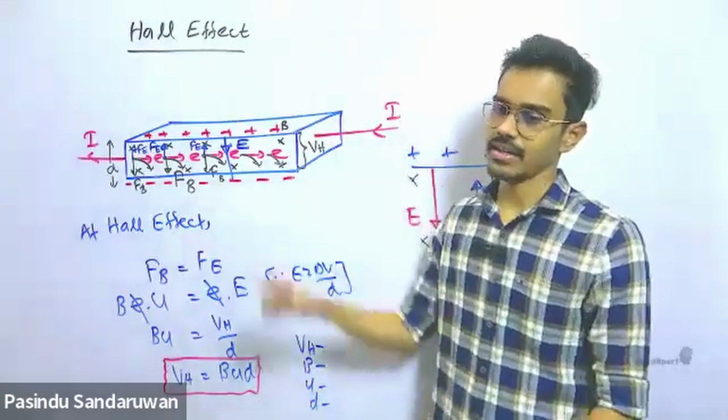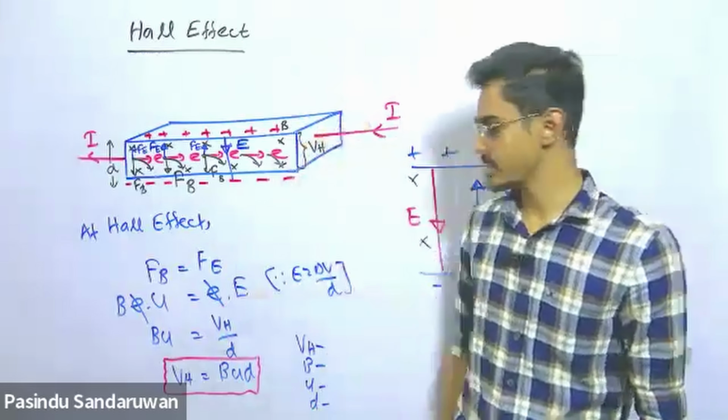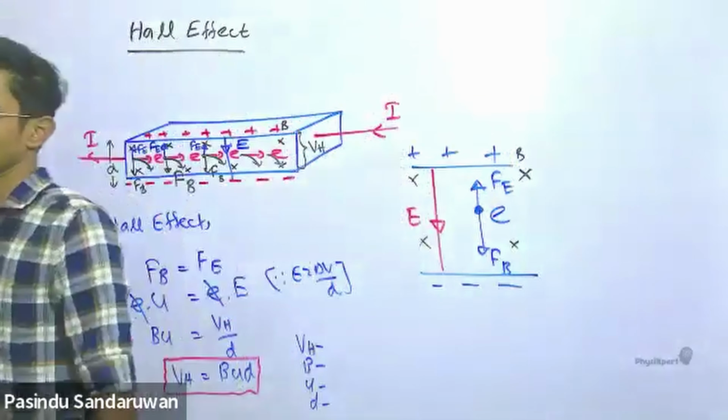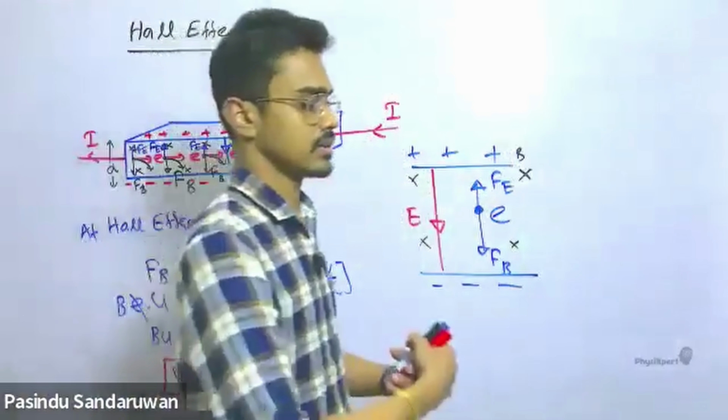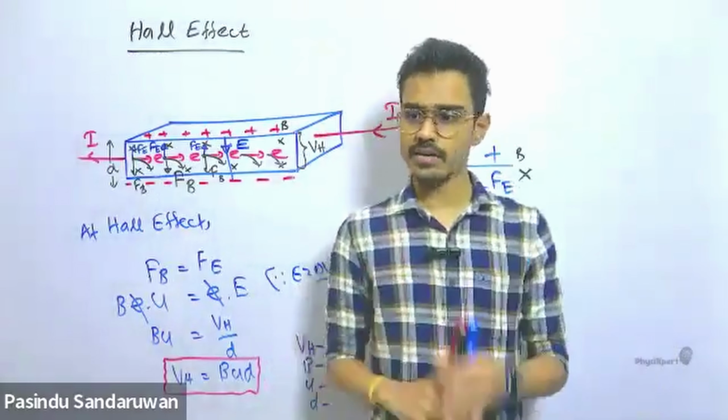Then D, gap between Hall voltage. Fine. So for this we keep the equation as VH equals B U D.